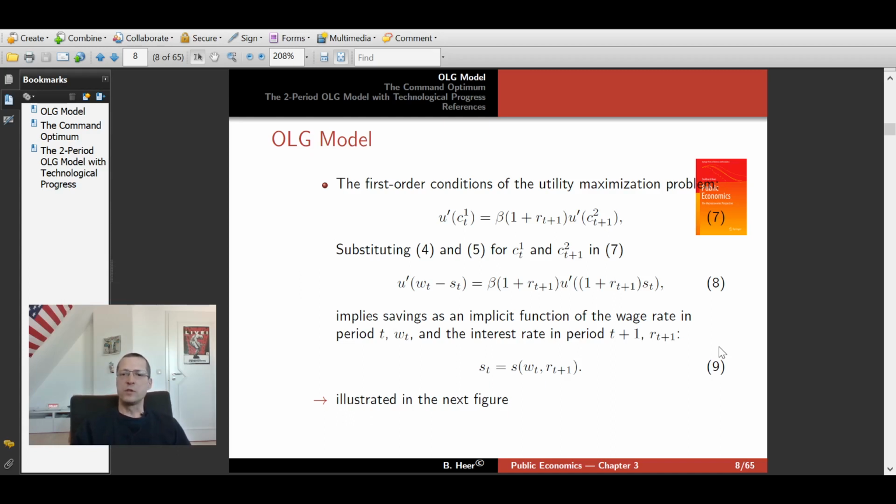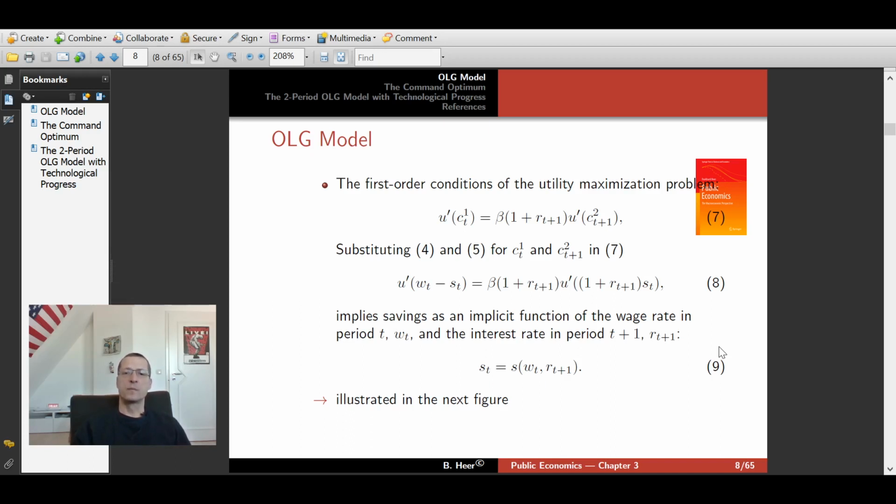This equation you also know from chapter 2, from the Ramsey model, is called our Euler equation. So it gives you the first order condition if you should save an additional unit of your income or not. If you consume it, if you do not save, you get marginal utility U prime of C1, the marginal utility from consumption C1.